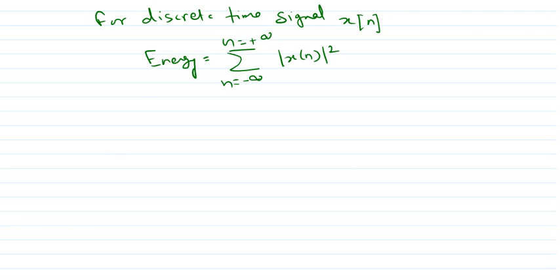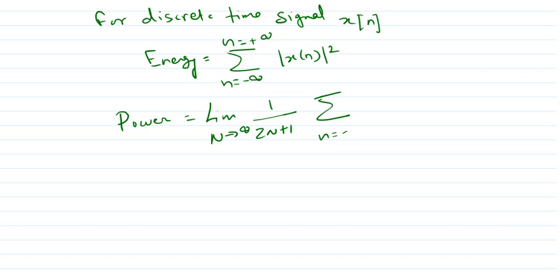Now how to calculate the power? Power is basically limit N tends to infinity of 1 divided by (2N plus 1) times summation n equals minus N to plus N of modulus of x[n] whole squared.